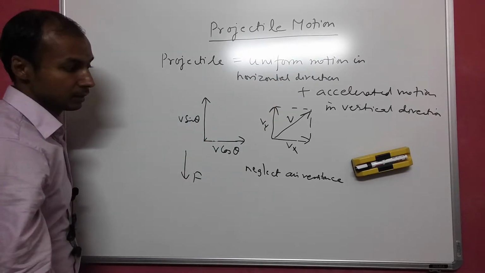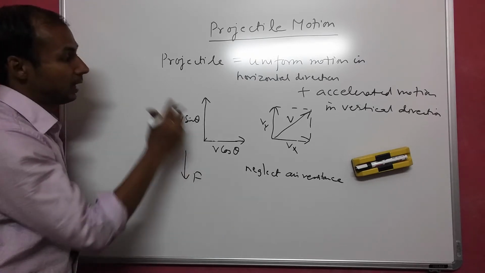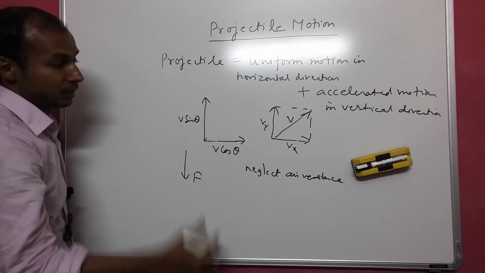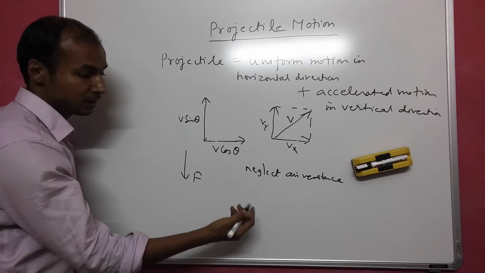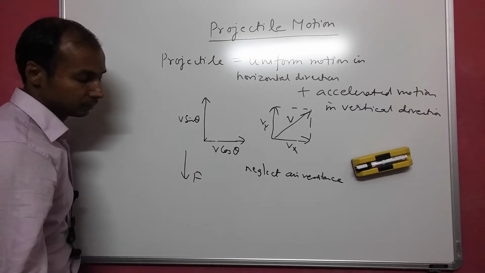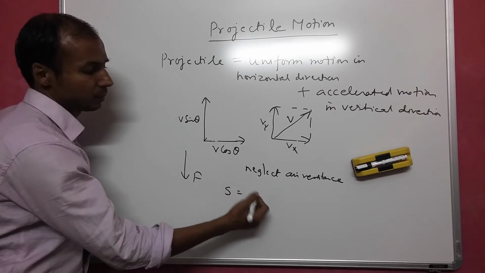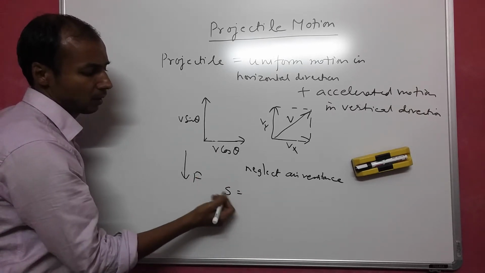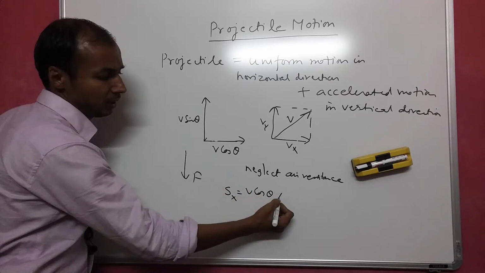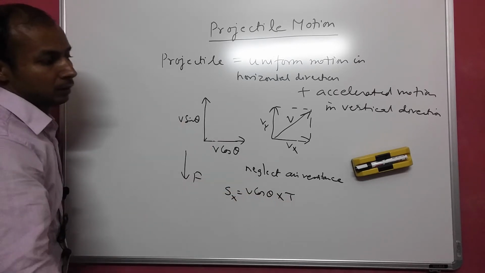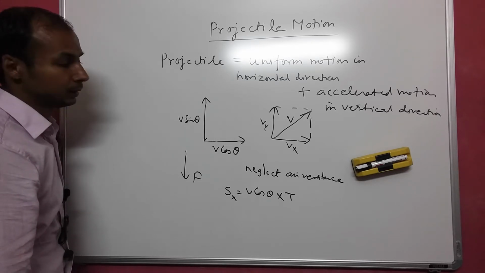Uniform motion means the speed remains constant, and the equation that we use is distance is speed into time. So the horizontal distance traveled in this case is speed v cos theta into time of flight, right?